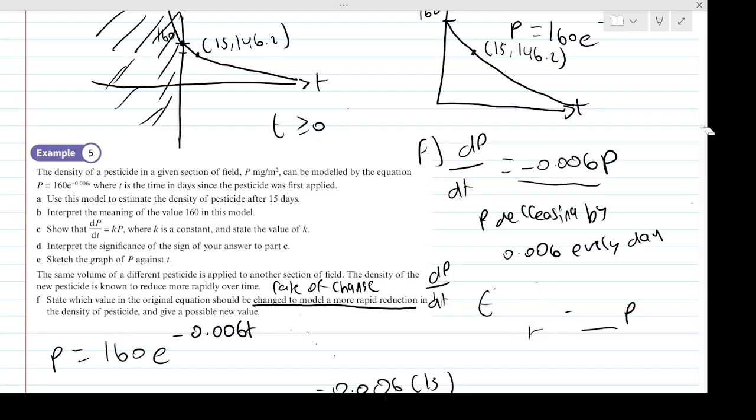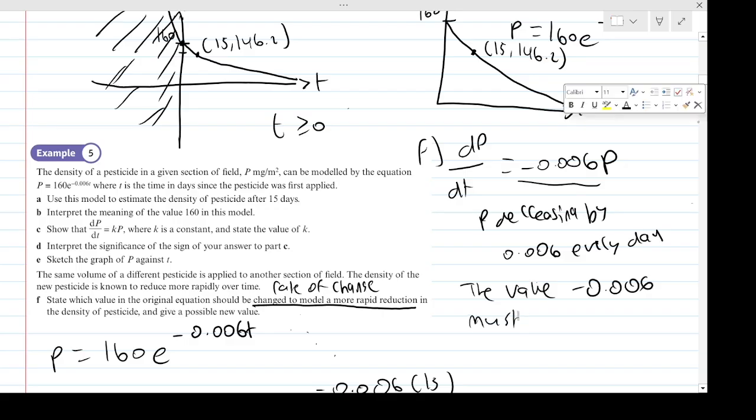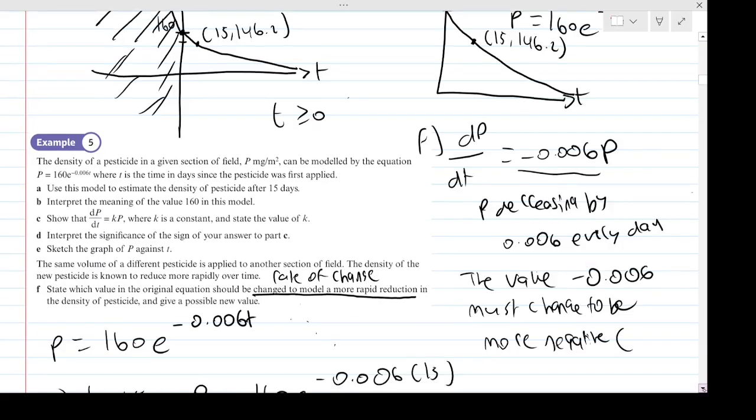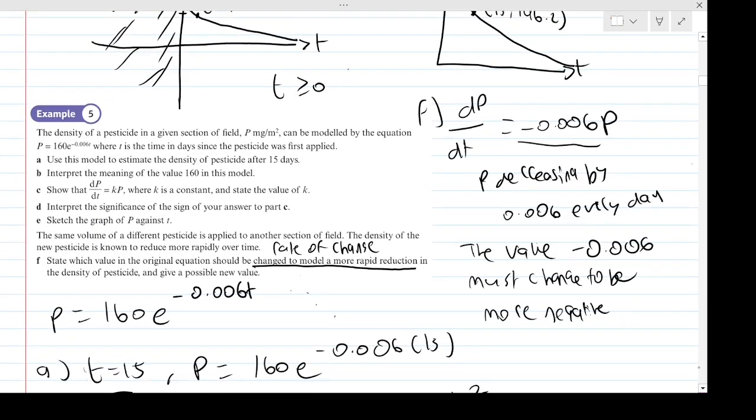So therefore, hopefully that illustrated the idea, the answer is the value minus 0.006 must change to be more negative. And they actually do accept that phrasing, or you could say lower, or lower value.